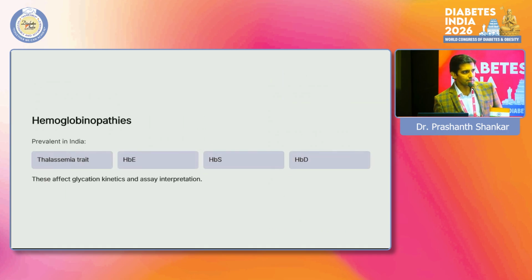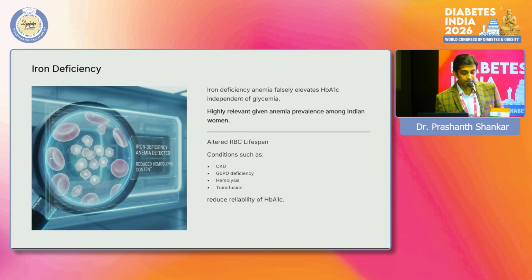The paper showed that hemoglobinopathies are very prevalent in India, and these can affect the glycation kinetics and the assay interpretation. And iron deficiency anemia, which is again highly relevant in the Indian population, can affect the RBC lifespan and the HbA1c values.